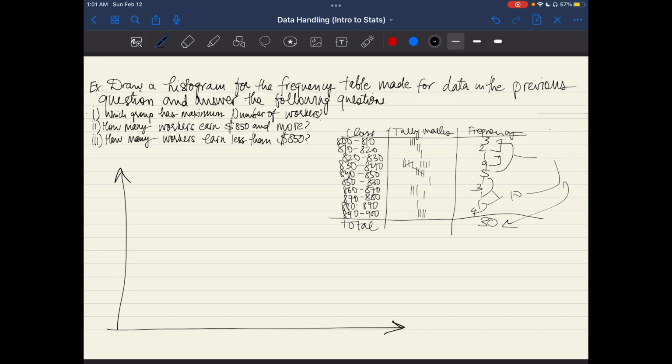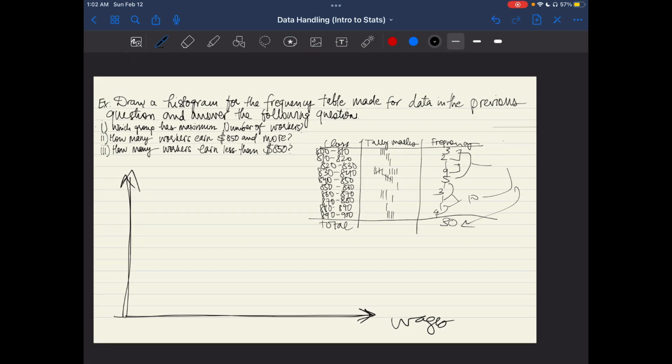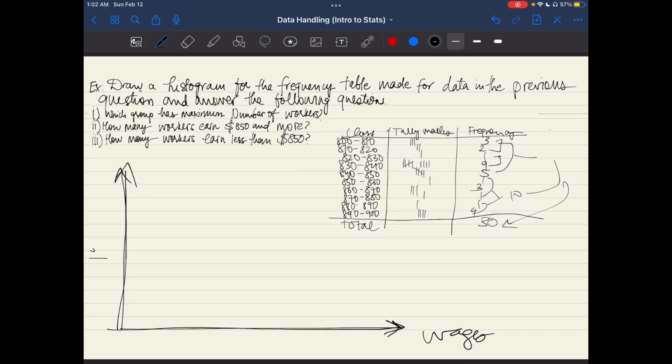So the horizontal axis will be giving us the wage intervals, and our vertical axis will be giving us the frequency, or the number of workers in that particular wage class.